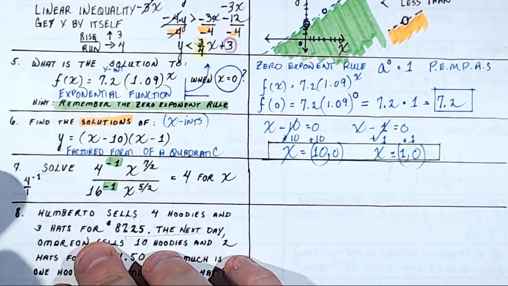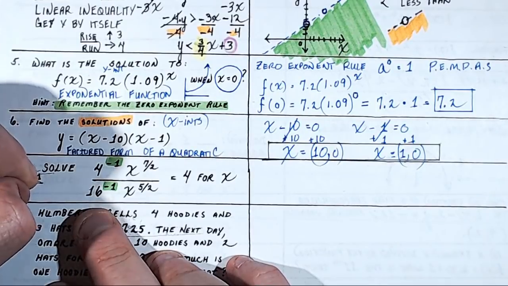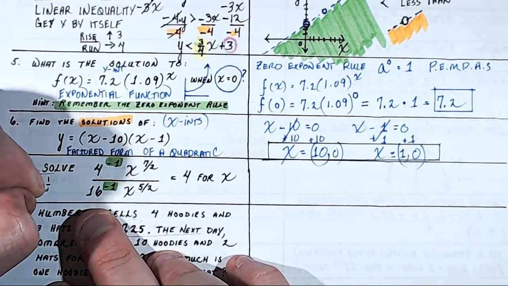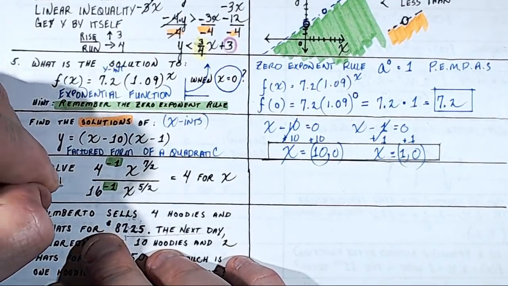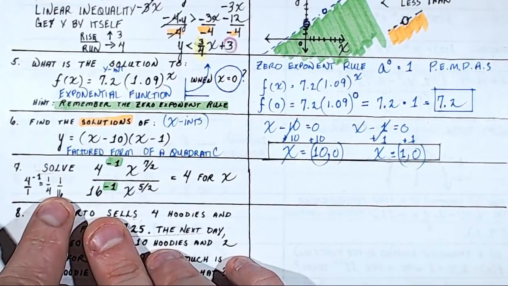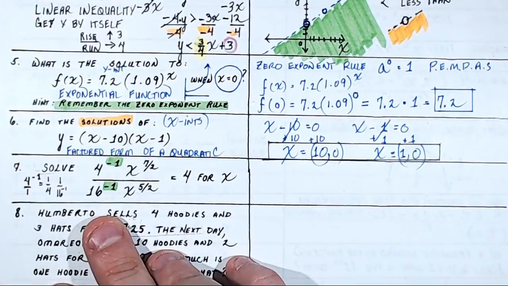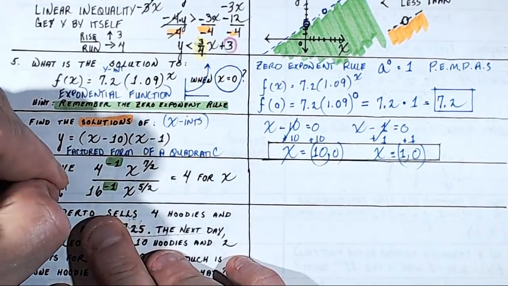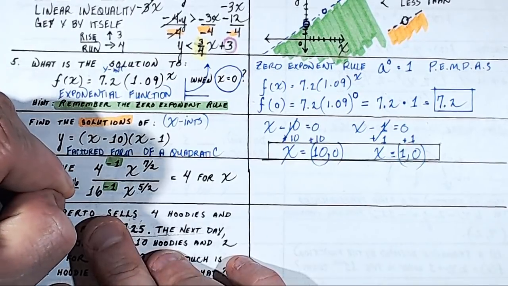And so the inverse, or the reciprocal, of 4 over 1 raised to the -1 power is 1 over 4. And likewise, I have here 1 over 16, because look, 16 is in the denominator position, raised to the -1. So I'm going to flip it. So that equals 16 over 1.